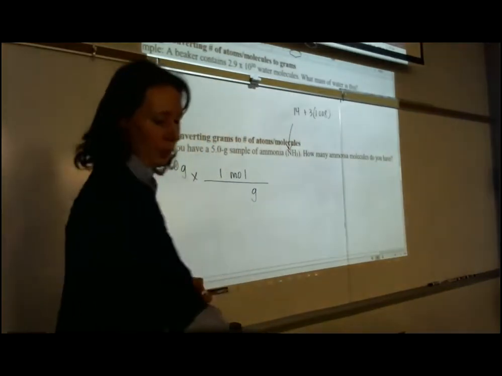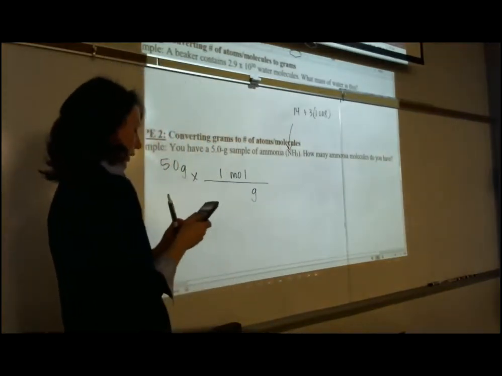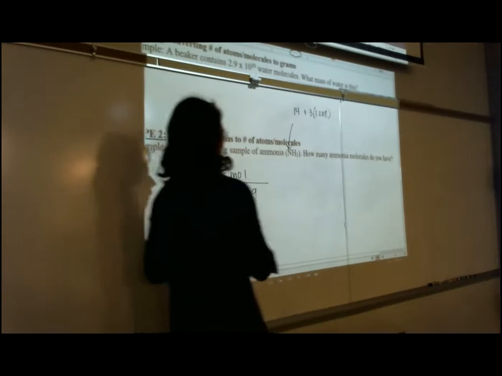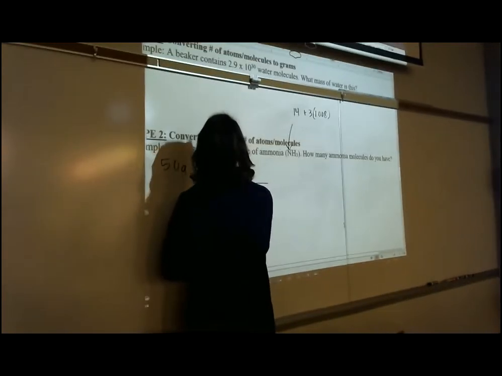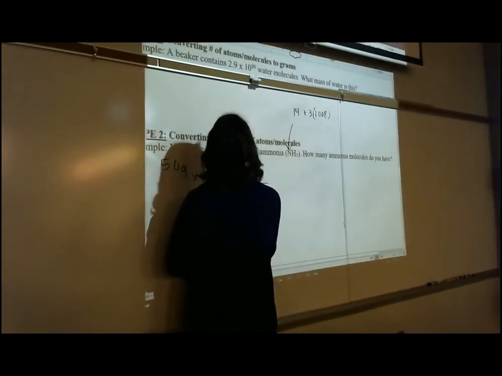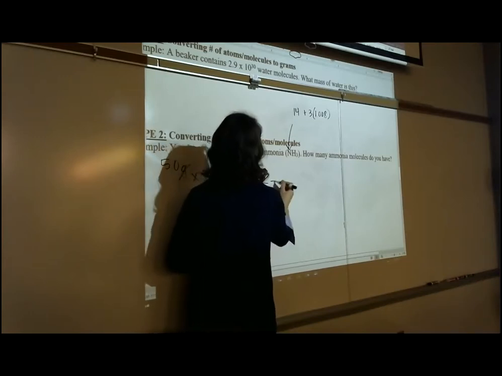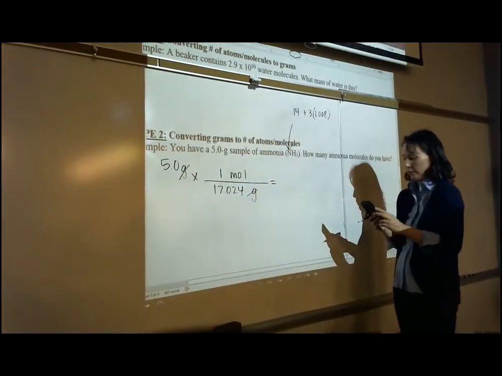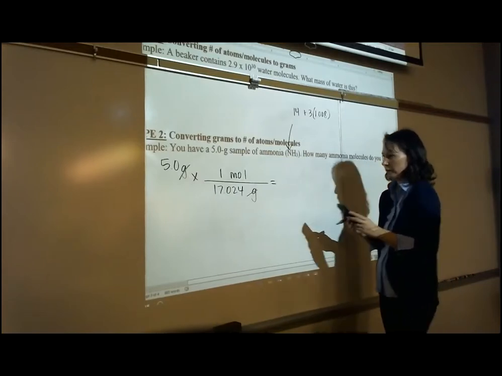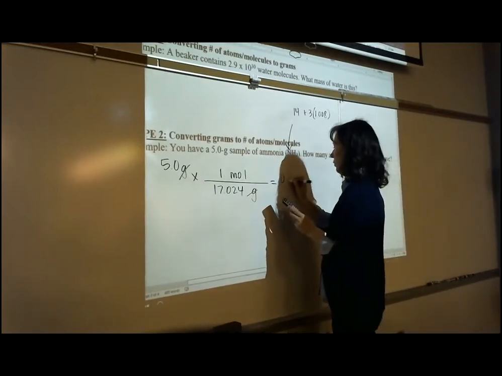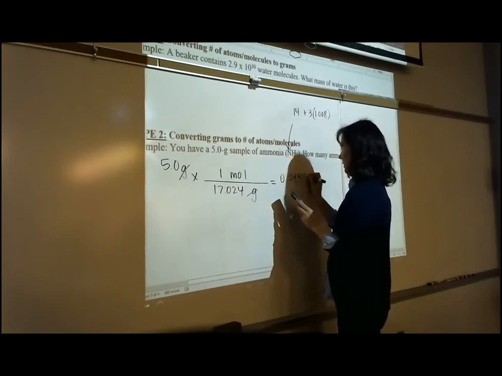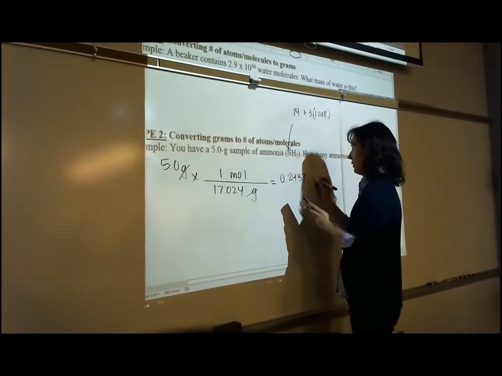If you really want to get particular about your decimal places, 3 times 1.008 plus 14 gives you 17.024. So 5 divided by 17.024 gives me my answer in moles, 0.2937. Let's just carry extra decimal places.